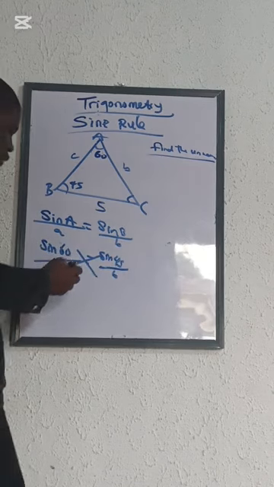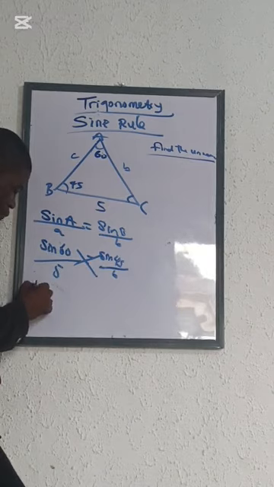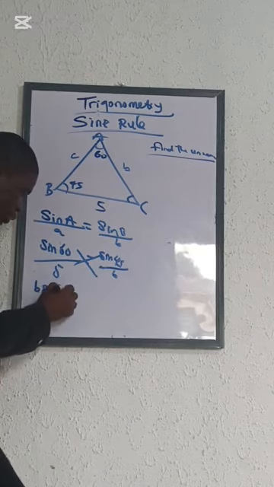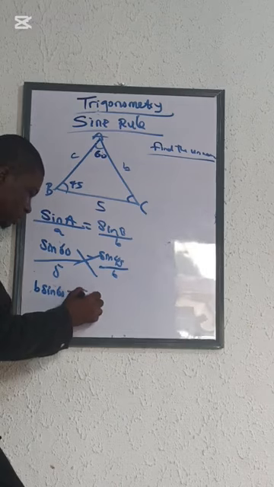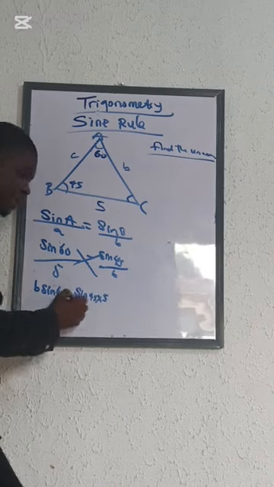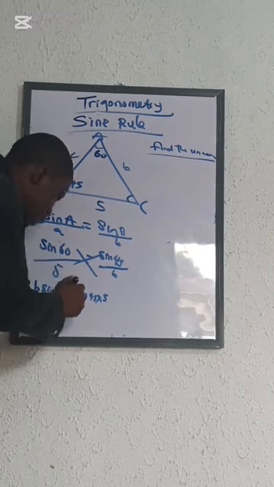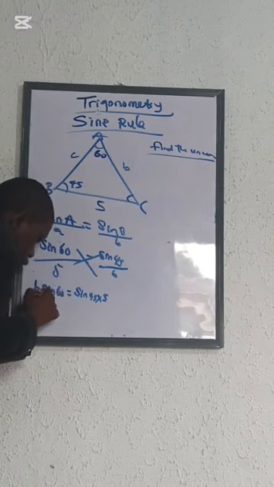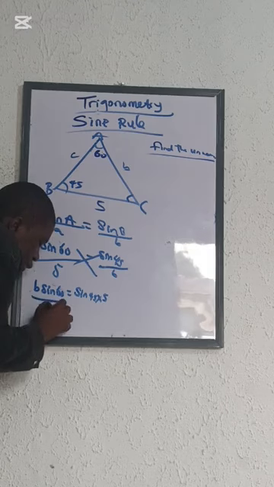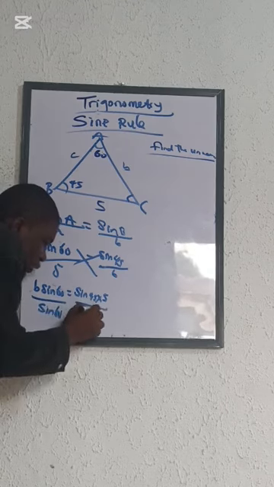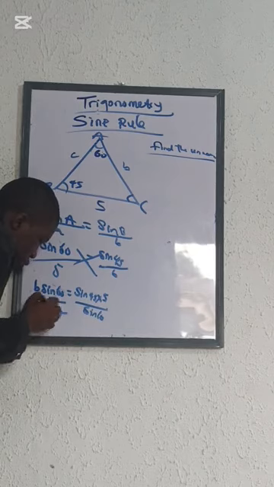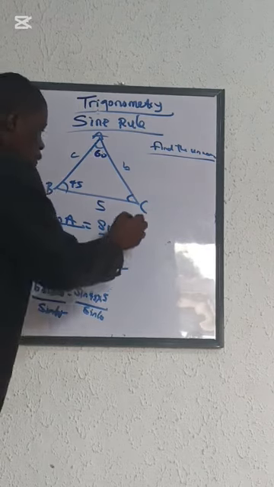You cross multiply, you have b sine 60 equals sine 45 times 5, right? And divide both sides by sine 60. So our b will be what?